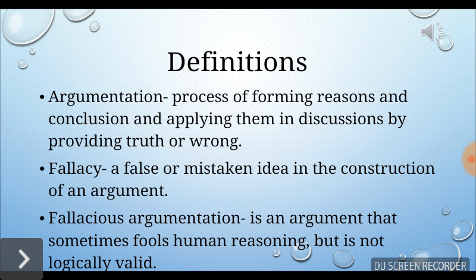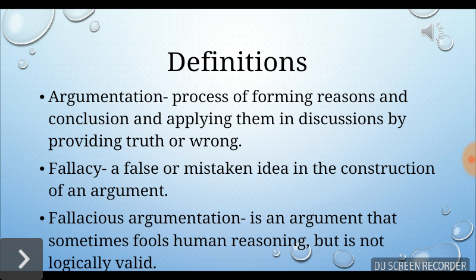Fallacy is a false or mistaken idea in the construction of an argument. Some examples of fallacy would be: 1. Begging the question, 2. False analogy, and we have other ones like Rogerian technique, which also fall as an example.